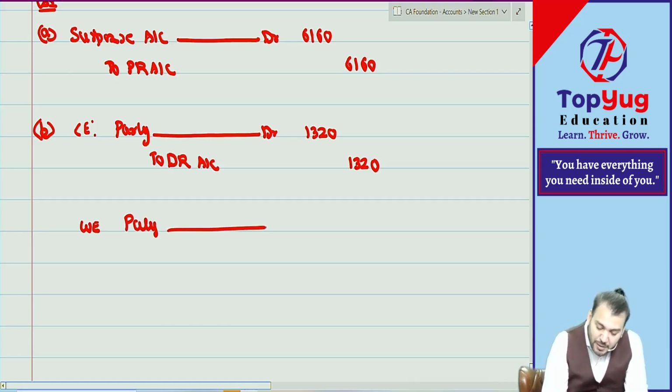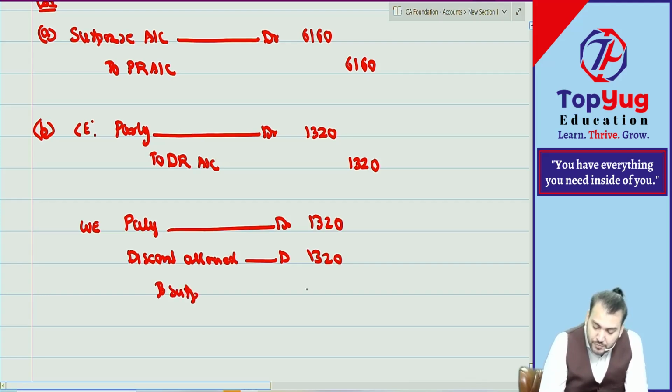Party account is debited by 1320, but we have also debited discount allowed account 1320. So suspense will come. Suspense is 2640. What will be the rectified entry?